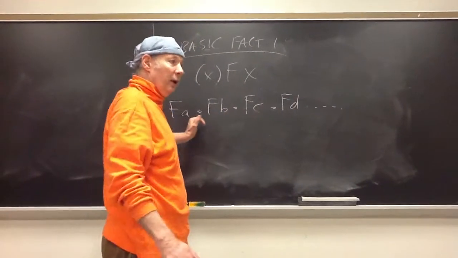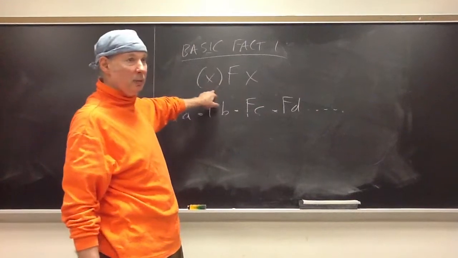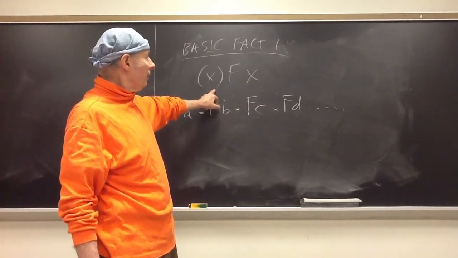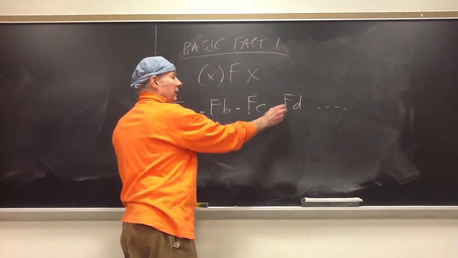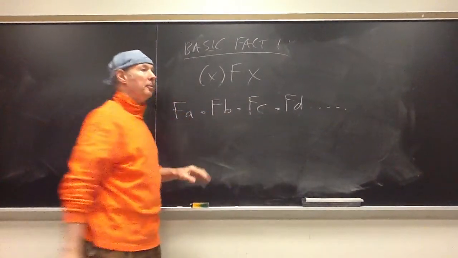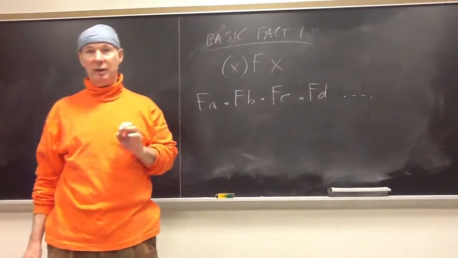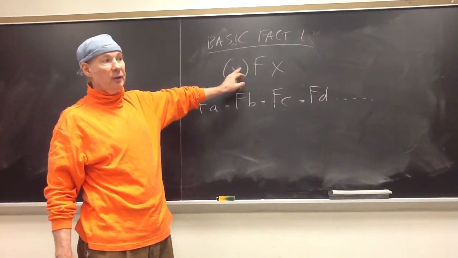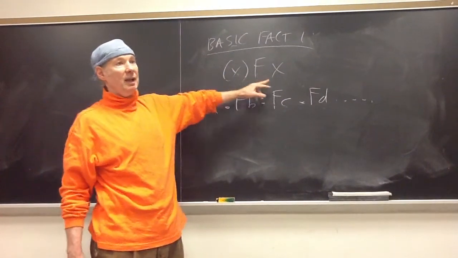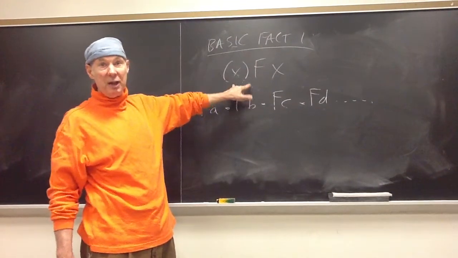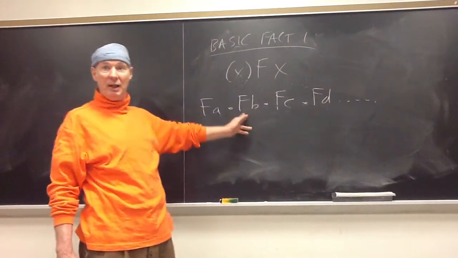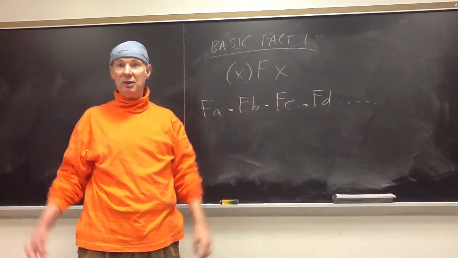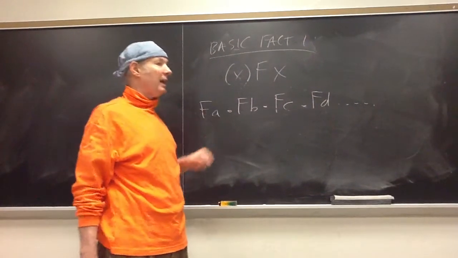You just enumerate every object in that domain, and what you have is a big conjunction. So this big conjunction is equivalent to this sentence that says everything has F. Because if everything has F, then A has F and B has F and C has F. That's easy. So that's the basic fact.